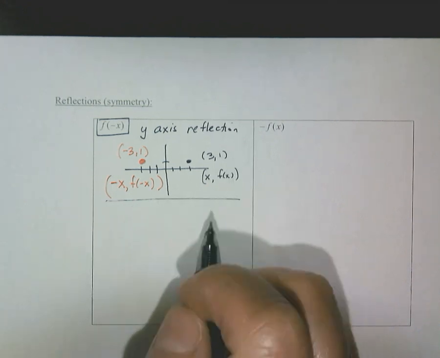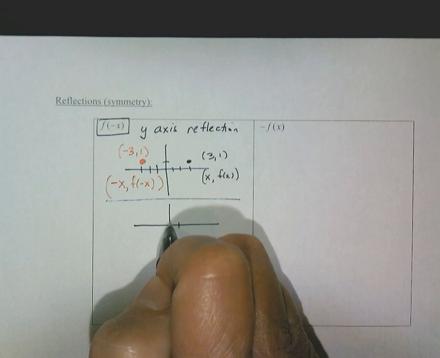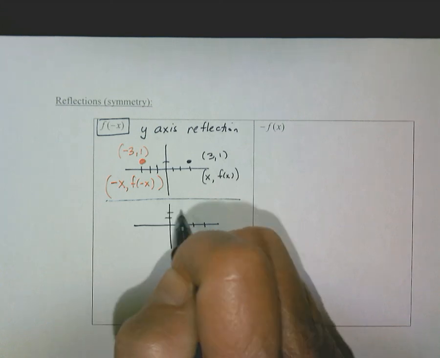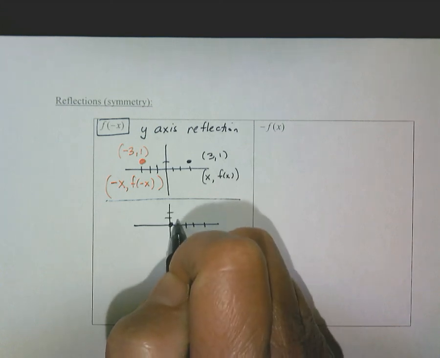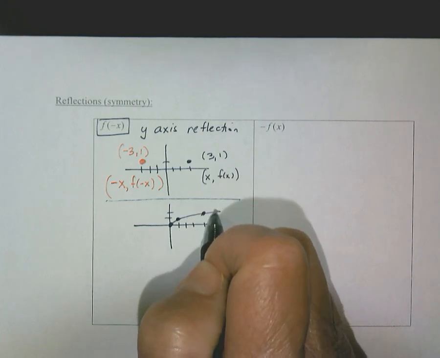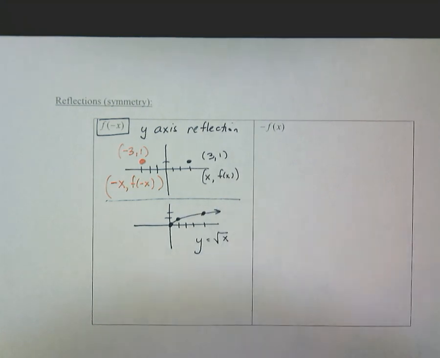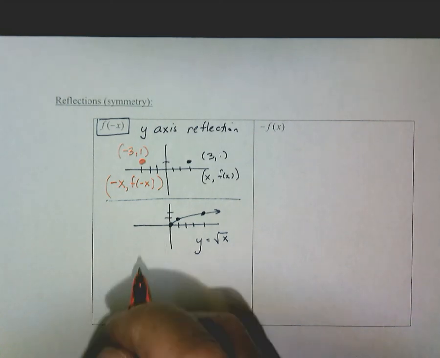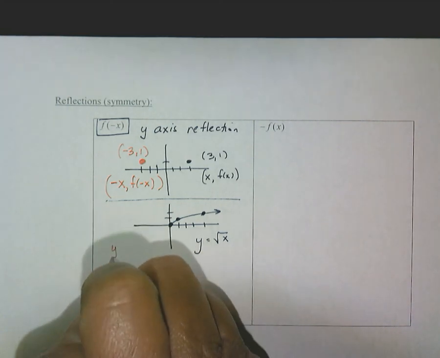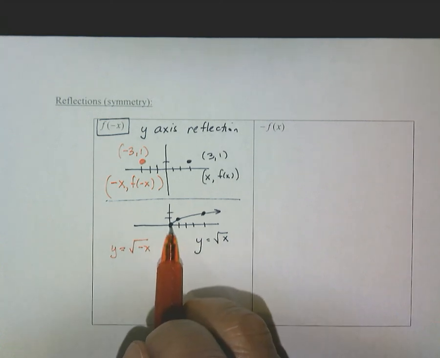Graphically, we can look at the square root of x. So the square root of x plots the points (0, 0), (1, 1), and (4, 2). Now if I wanted to look at y equals the square root of negative x, that means my x values become negative.